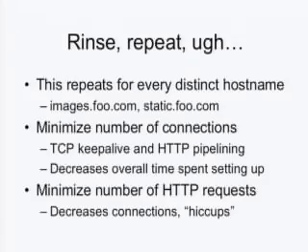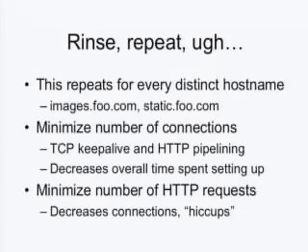And again, it happens all the time, especially when you start having multiple different host names. If I have images.foo.com and static.foo.com for my different kinds of contents, I still have to do another DNS lookup. I have to establish another new TCP session. Then I have to send HTTP requests, and so on and so forth.